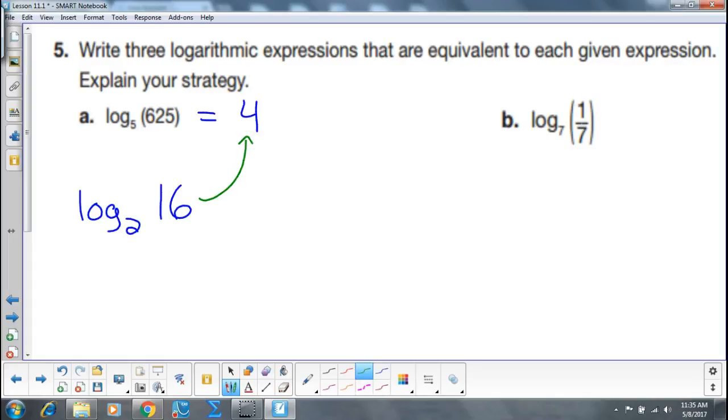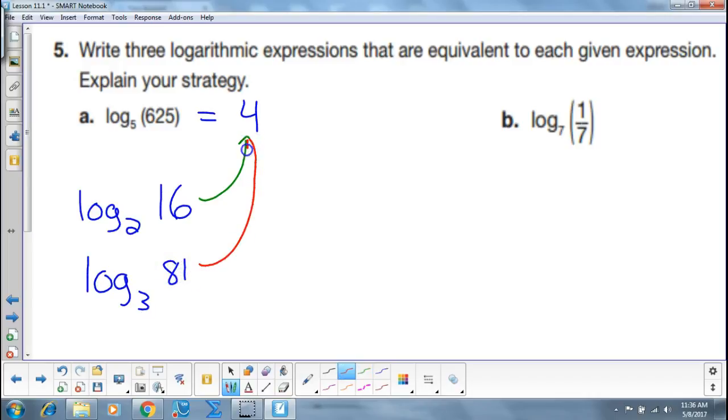Give me another one. Log base 3 of 81 is equal to 4. Give me another one.